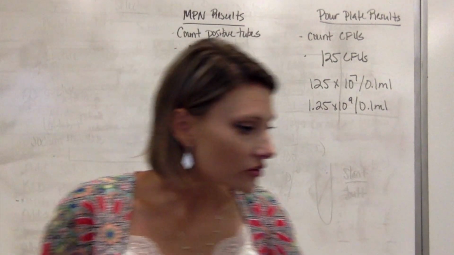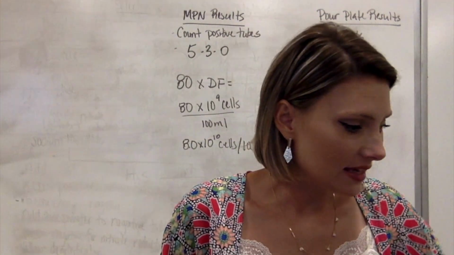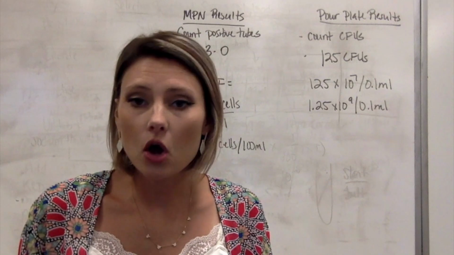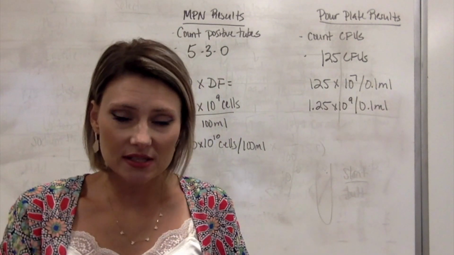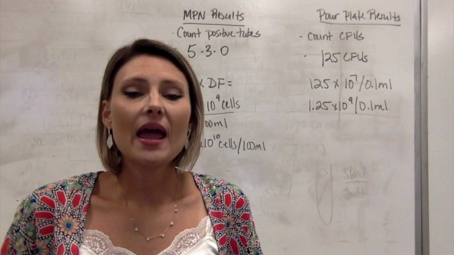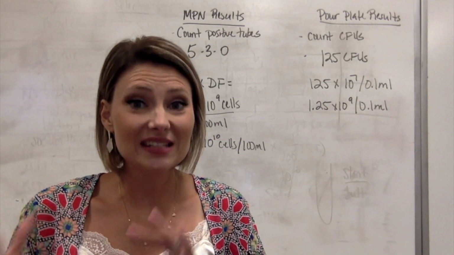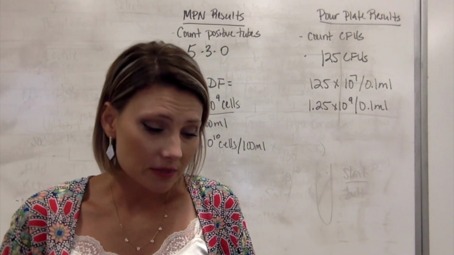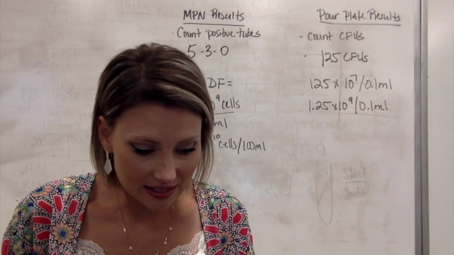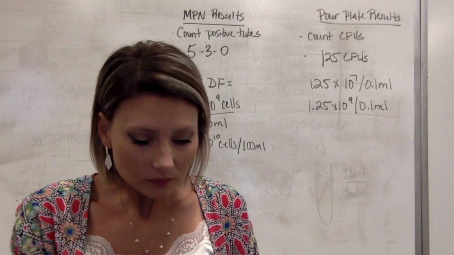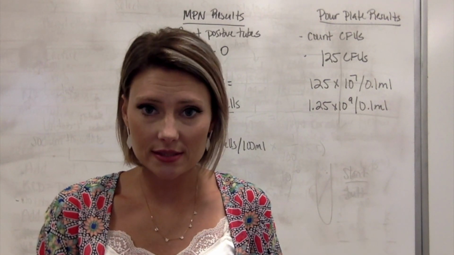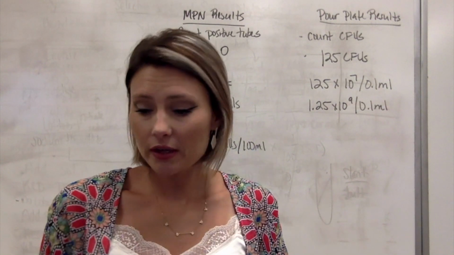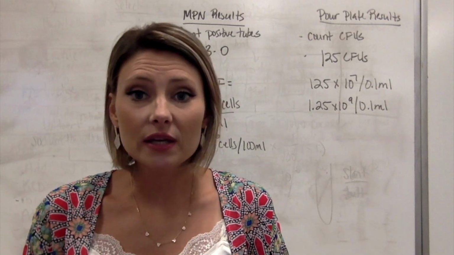Now, the other technique that I'm going to talk about is called the pour plate technique. So this is still using serial dilutions. However, it's just a different technique that's used. So for this technique, you need empty Petri dishes, your dilutions, a pipettor and pipettes, and molten agar.